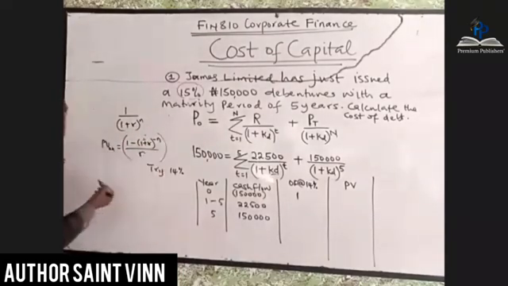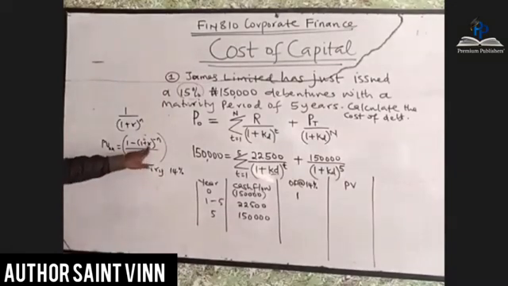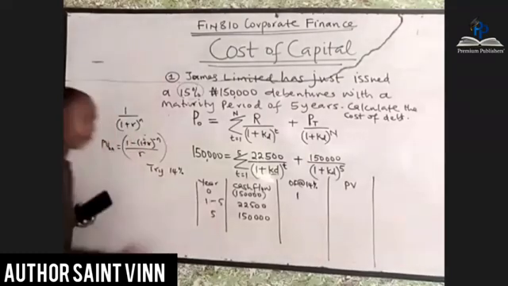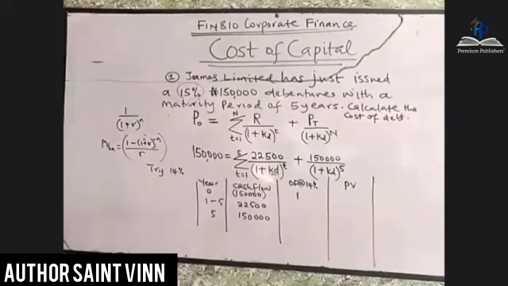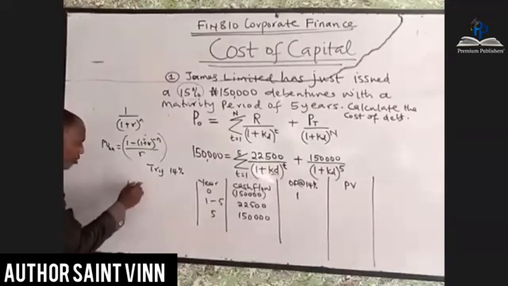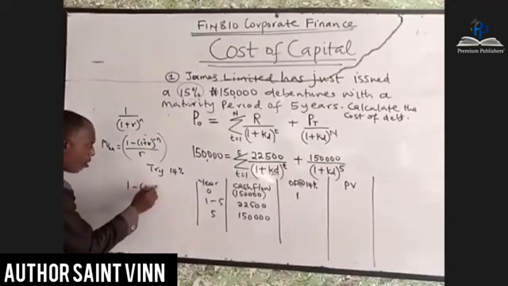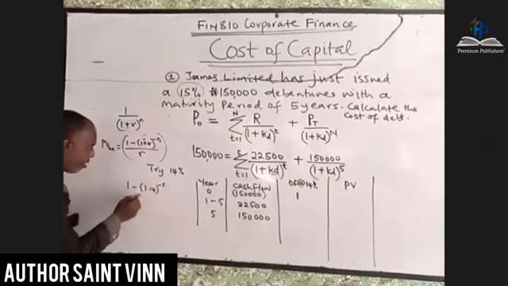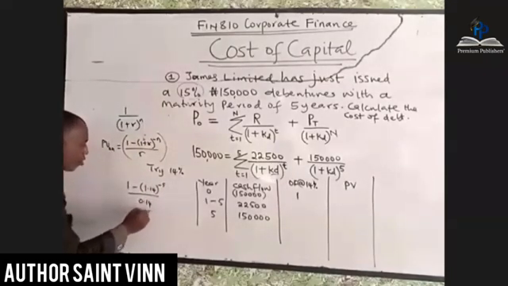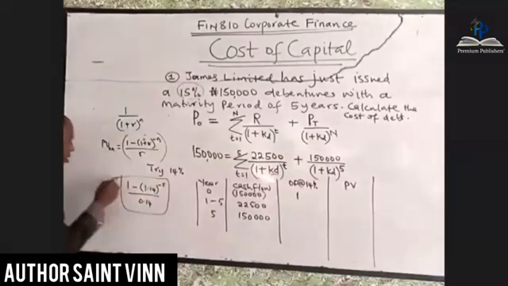You remember this? So what you just put for me here is 0.15. Let's see, 0.14 here, so that I can get 1 to 5. Have they forgotten these small things? 1 minus 1.14 to the power minus 5, abi? All over 0.14. Somebody press the calculator for us. Let's see what that one is.